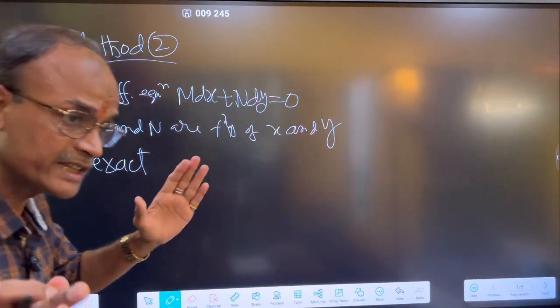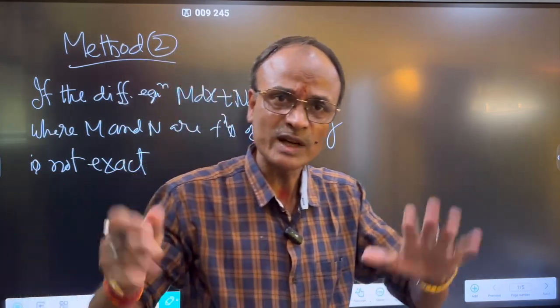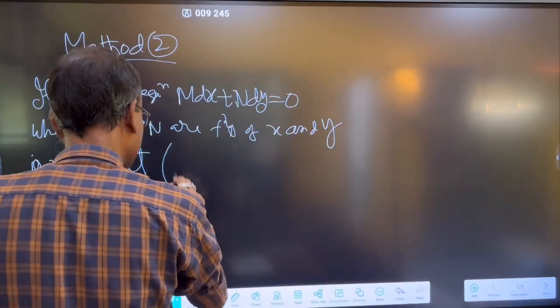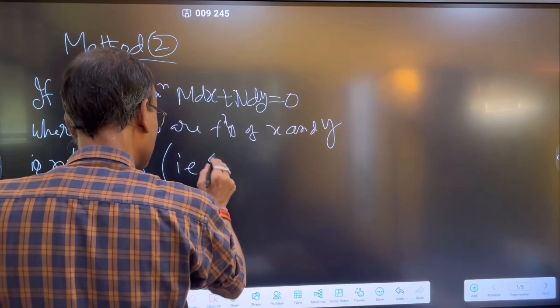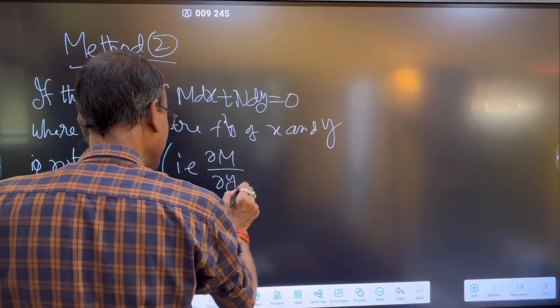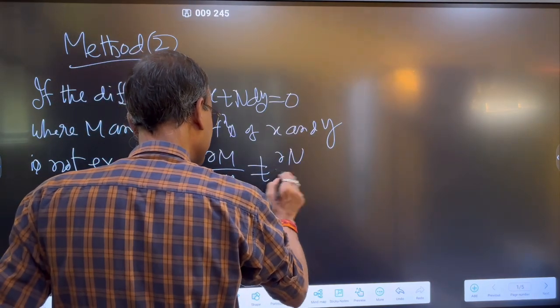That is not exact means del M by del y is not equal to del N by del x. That is, for this differential equation, del M by del y is not equal to del N by del x.